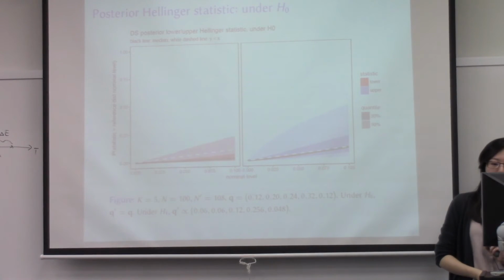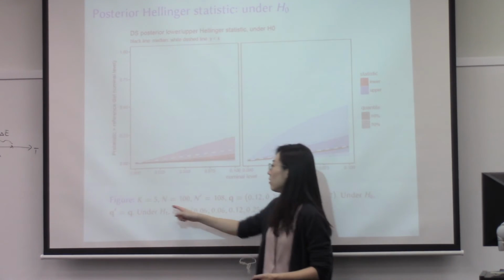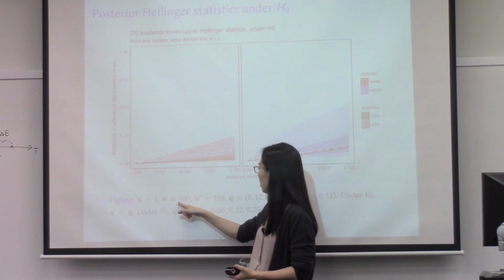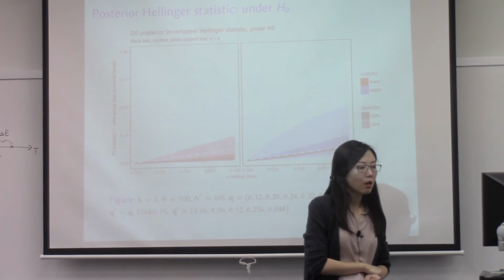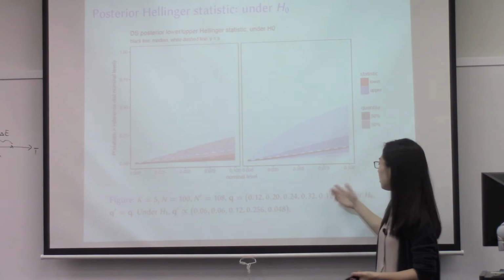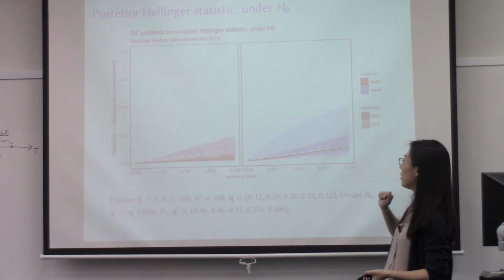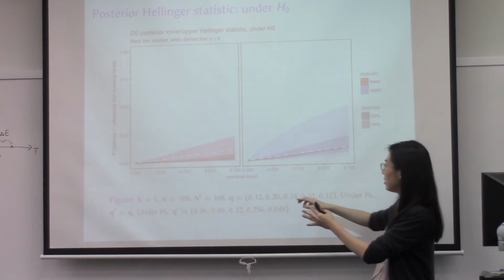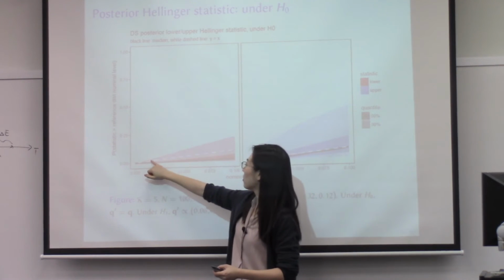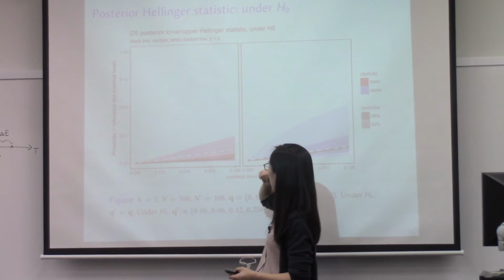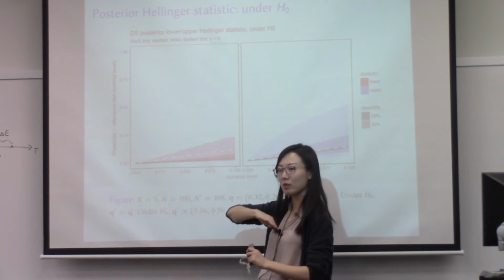And this is, through simulation, how things are distributed under the null hypothesis. The simulation is for 5 dimensions, with one of the samples being 100 and the other one being 108. And we took the Q to be some kind of arbitrary vector, and the distribution over the lower end of the Hellinger statistic is over here, where the dotted line is in fact the line with slope 1.